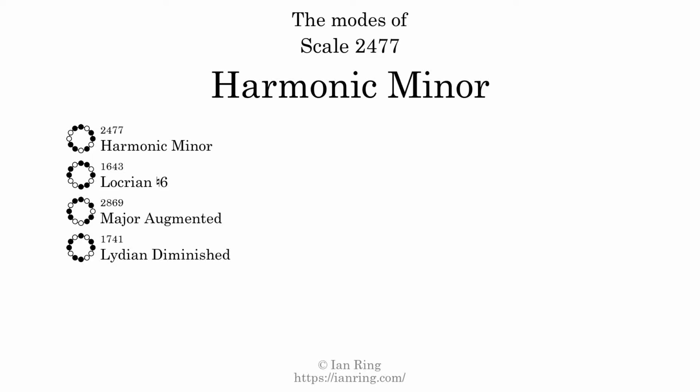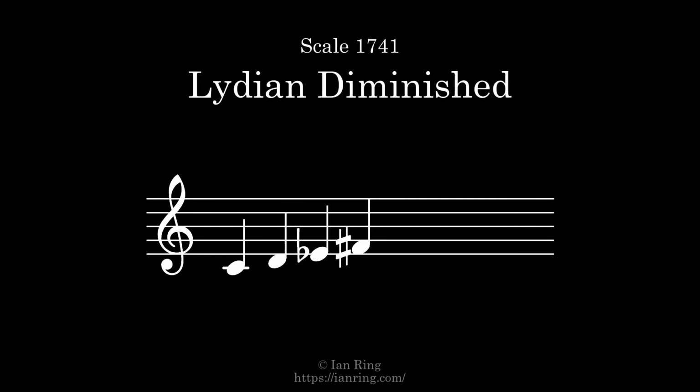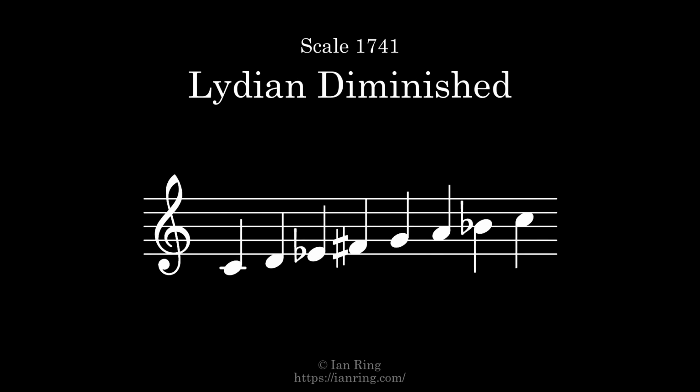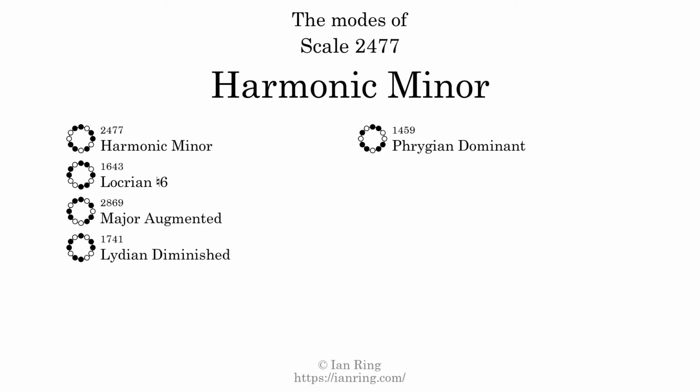The fourth mode is scale 1741, also known as Lydian diminished. It sounds like this. The fifth mode is scale 1459, also known as Phrygian dominant. It sounds like this.